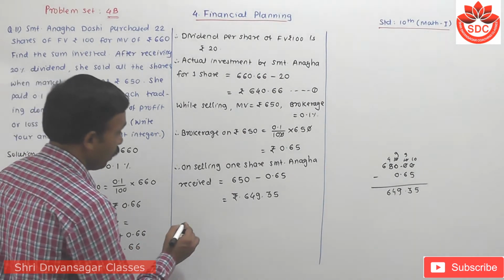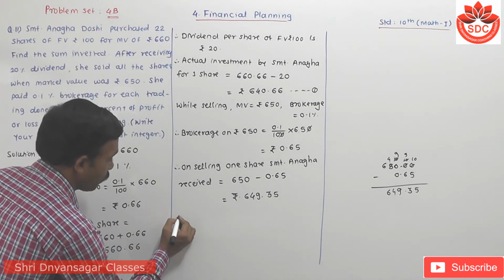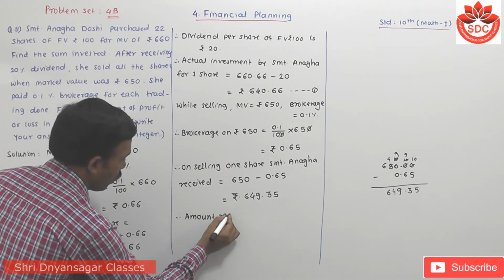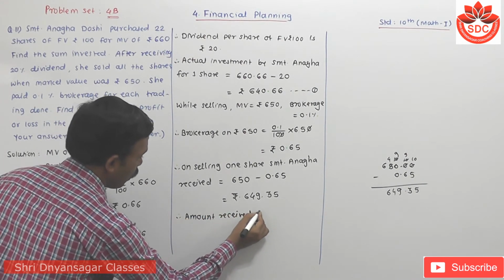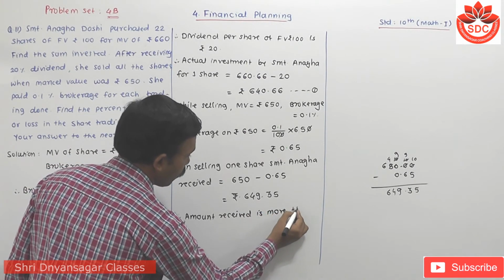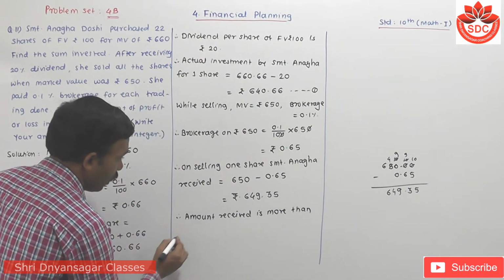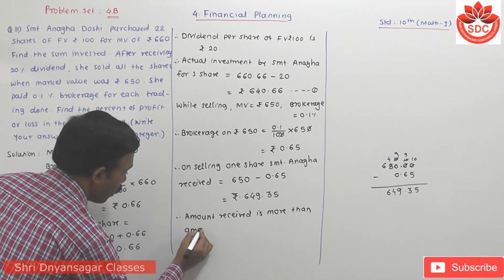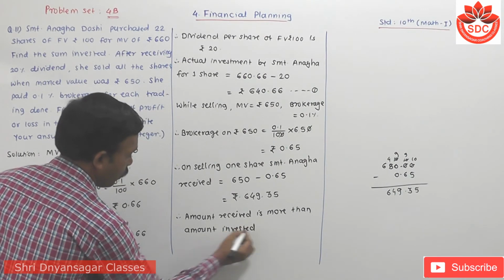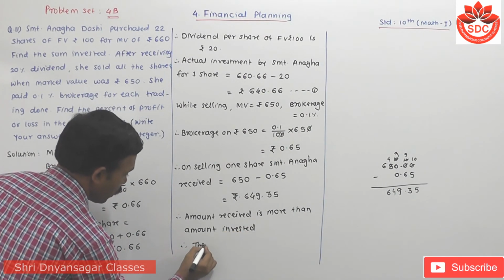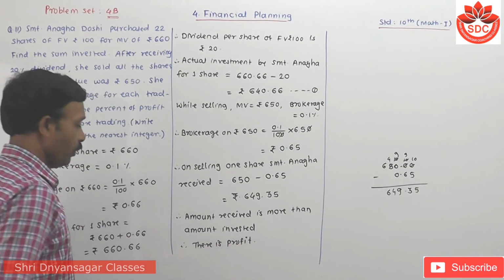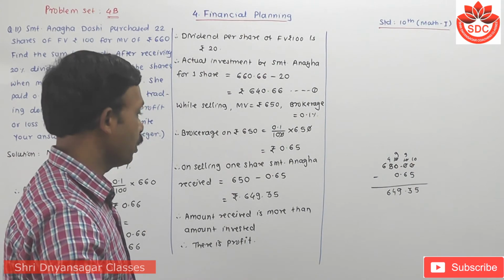So I have to write here: amount received is, therefore, amount received is more than amount invested. Therefore there is profit. Then we have to find out the profit.